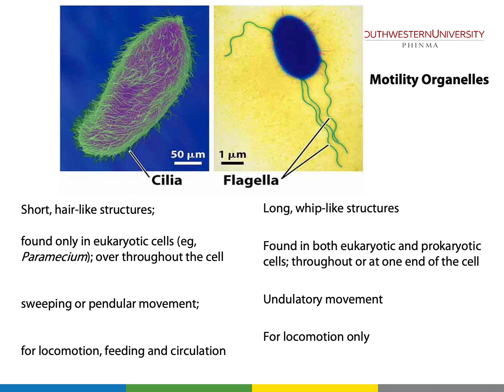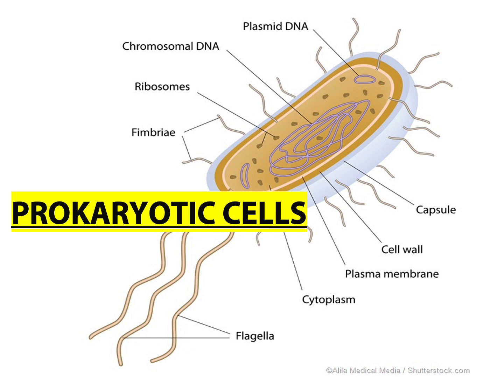Why 9+2? Because it consists of 9 peripheral pairs of microtubules surrounding two single central microtubules. So that's the eukaryotic side.